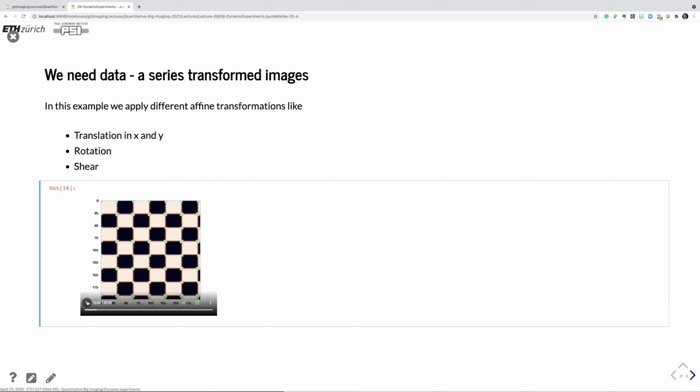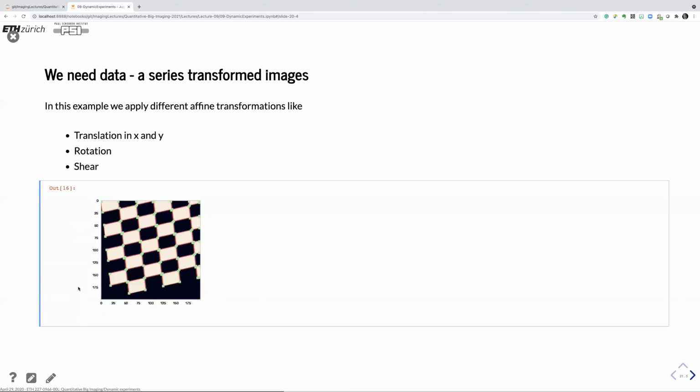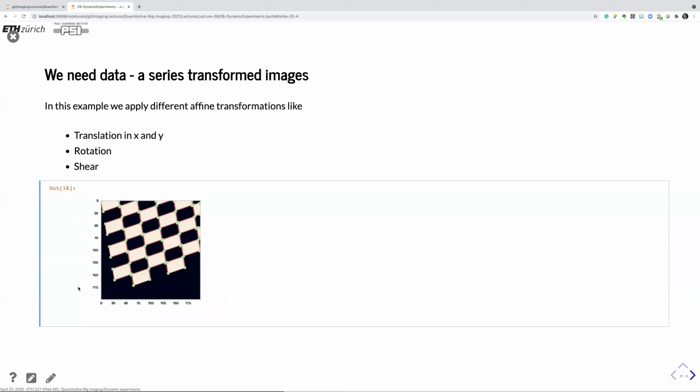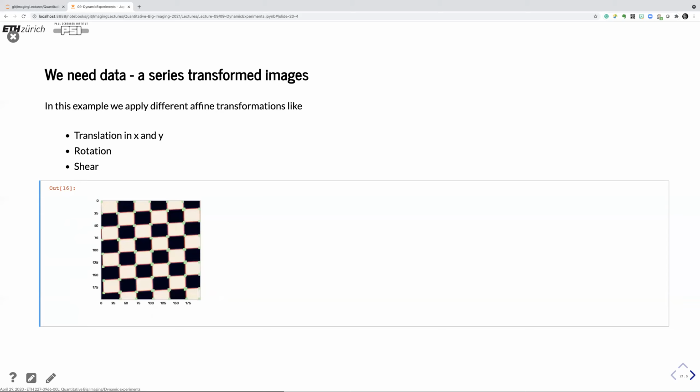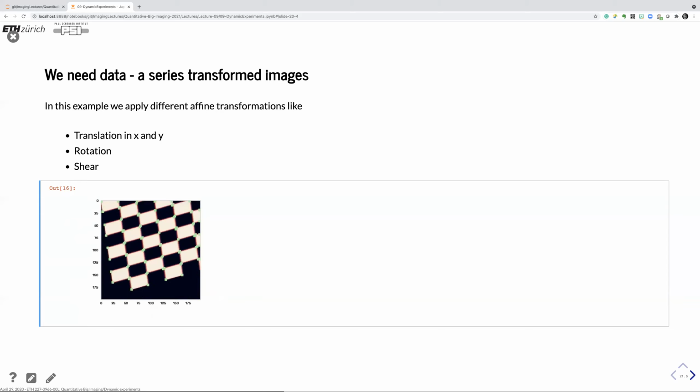In this example, I'm going to skew, translate and rotate this image, and you can see how these points still follow the corners of this checkerboard.